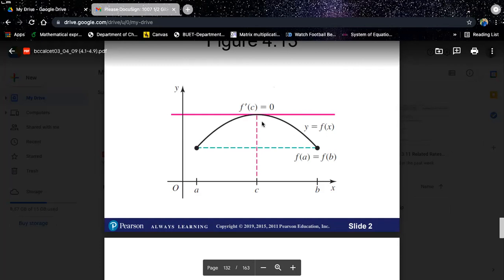And if that's the case, we already have seen this. If there is a change of direction like this, definitely at the peak point, that means at the highest point or at the lowest point, the derivative will be zero, right? And there could be more than one point like this. And that's what the theorem says.